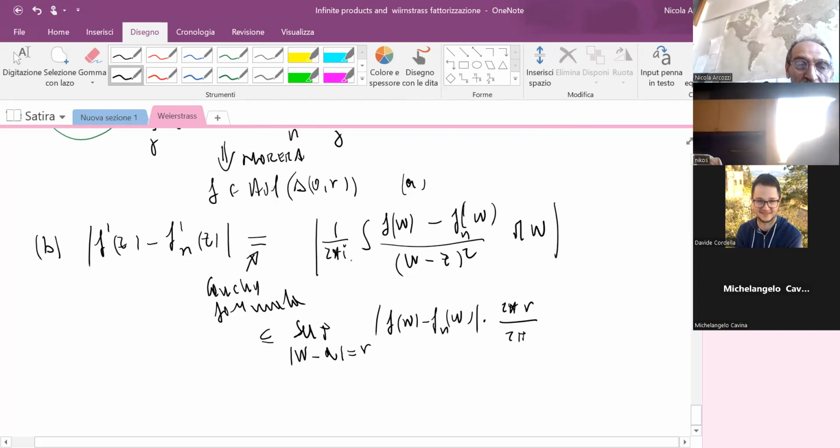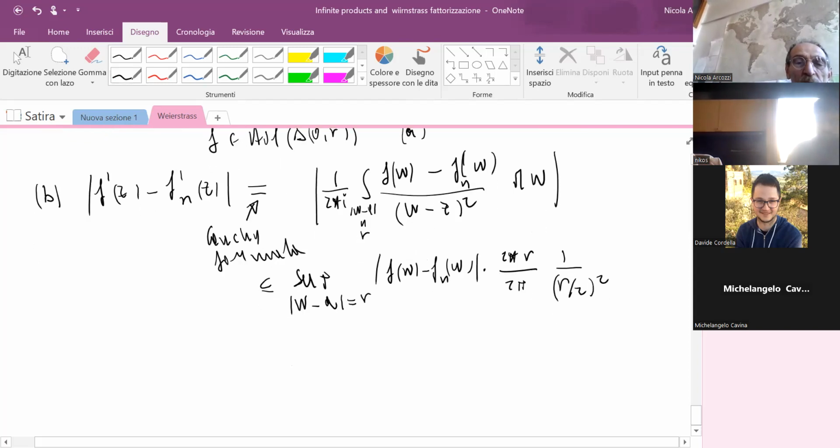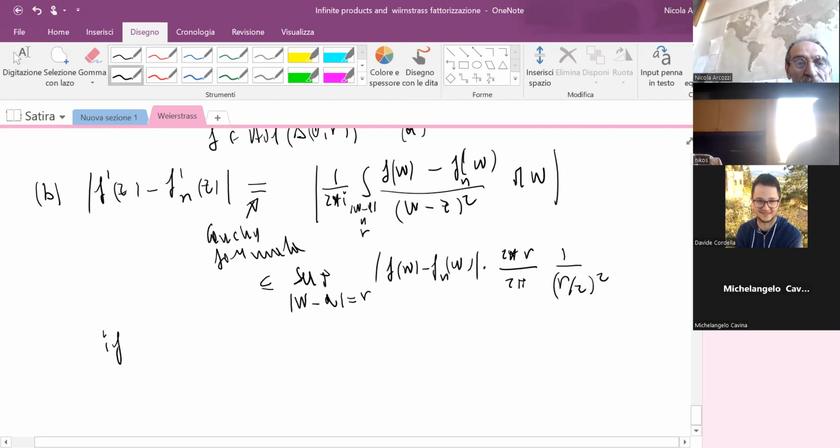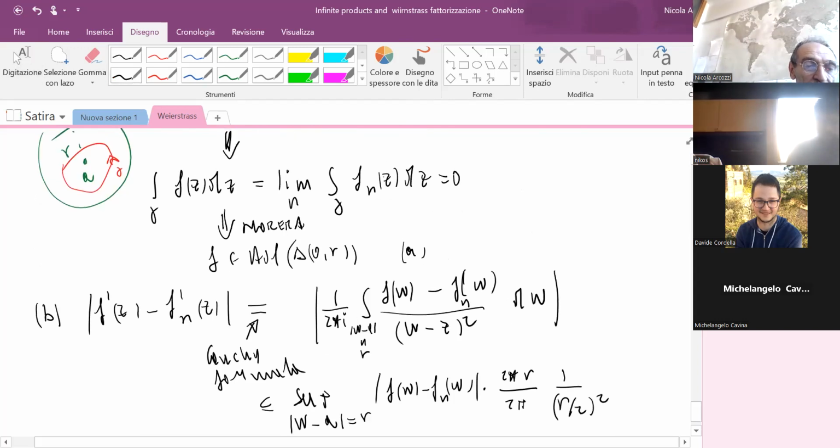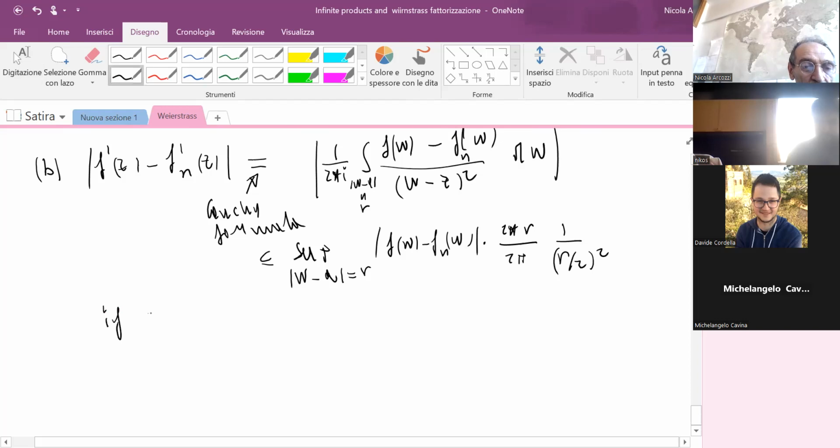I forgot here, I picked the integral over w minus a equal to r, over r squared over r over 2, provided that z minus a is at most r over 2.